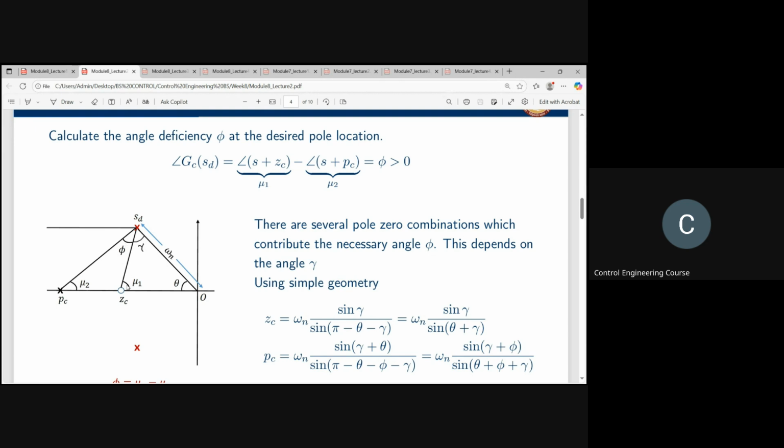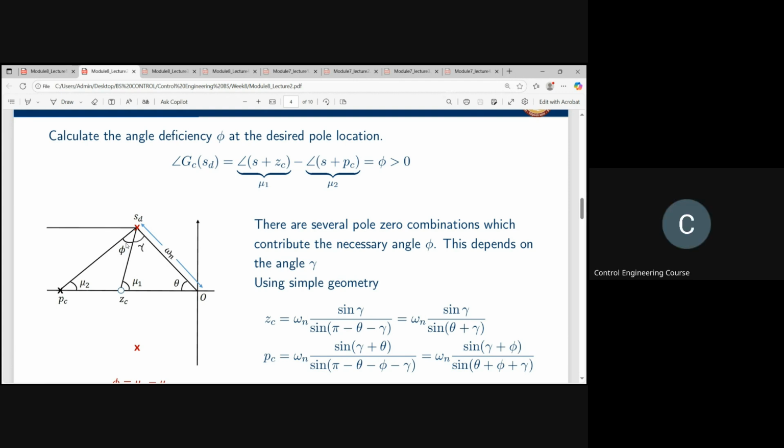Because by a linear pair, this angle is 180 minus mu1. The sum of all three angles of a triangle adds to 180. So mu2, phi, and 180 minus mu1 should add to 180, which means phi is mu1 minus mu2, right?